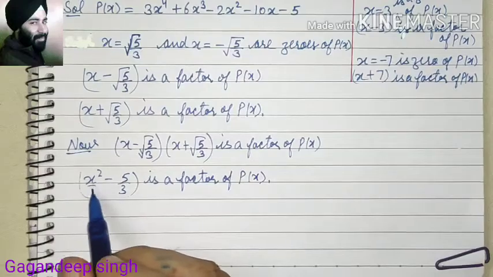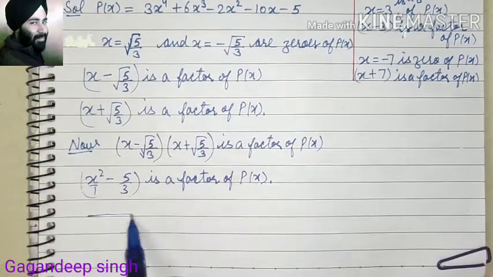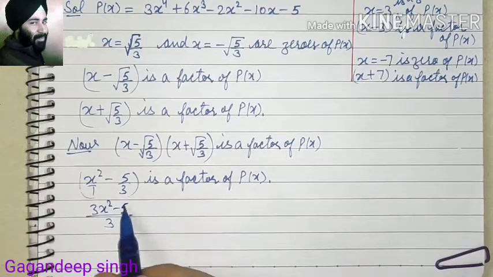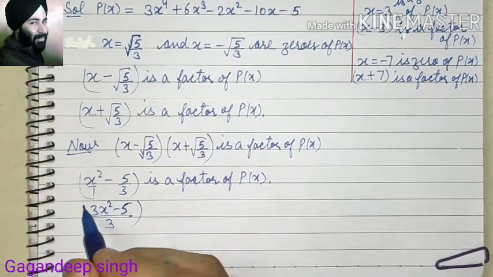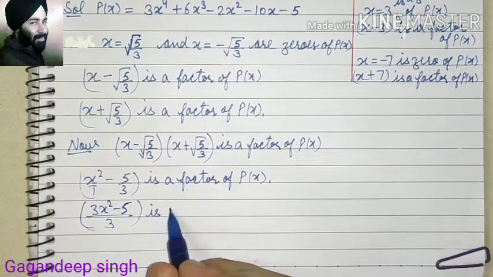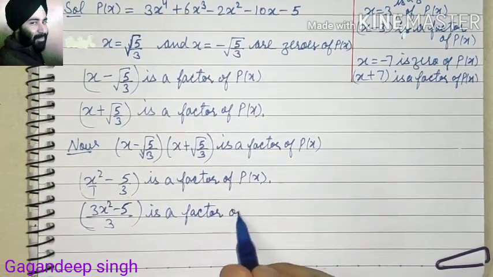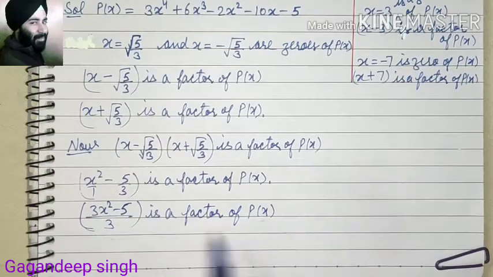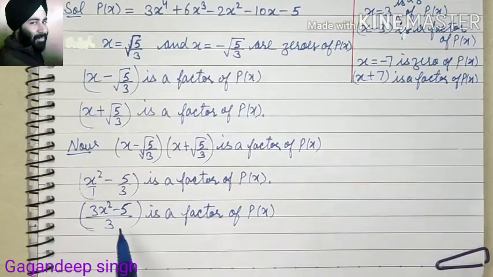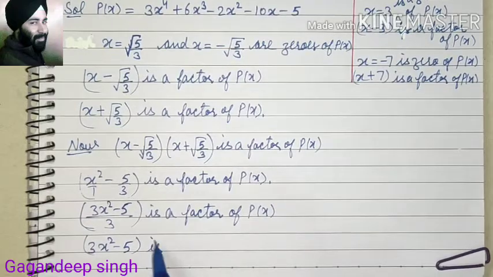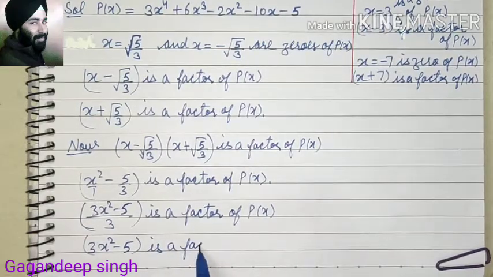So take LCM. 3 is LCM. 3x square minus 5 is a factor of px. And denominator, which is a constant, so we can leave it. So 3x square minus 5 is a factor of px.